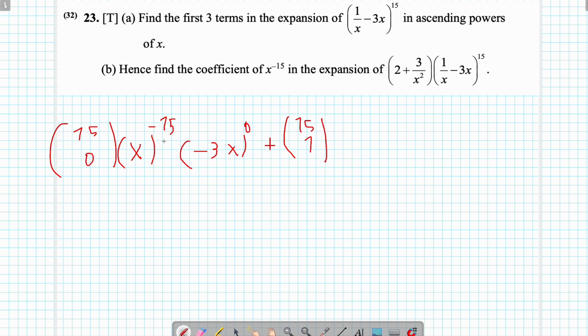The reason why it's x to the negative 15 is because x is in the denominator, so we just take the opposite of the sign we originally get.